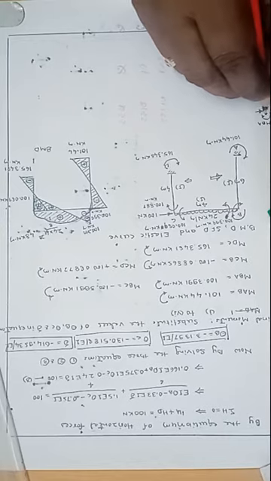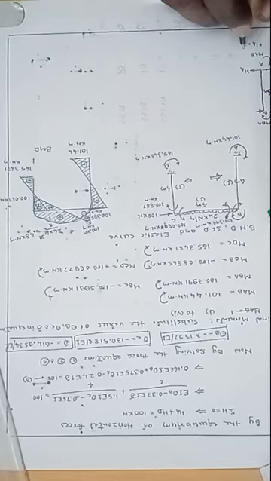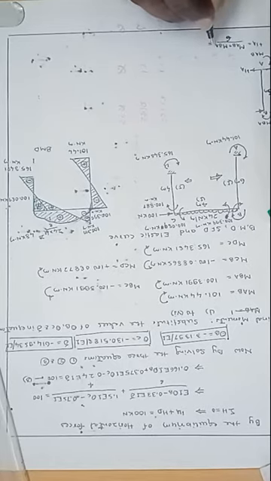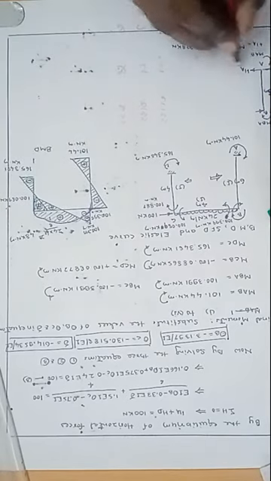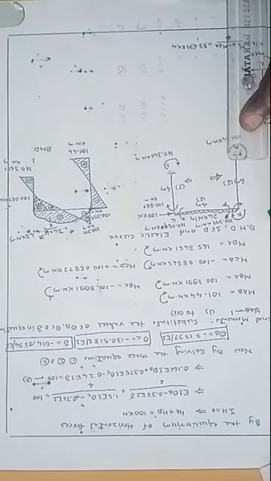This is A, this is B. Then HA equals (MAB plus MBA) by 6, not 4. HA equals 33.6398 kilonewton.